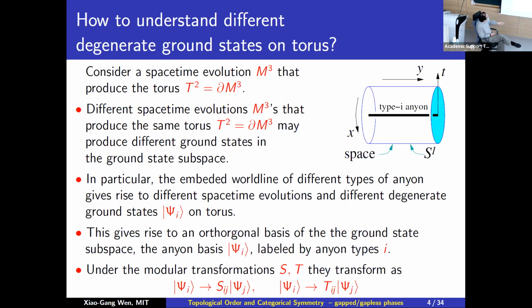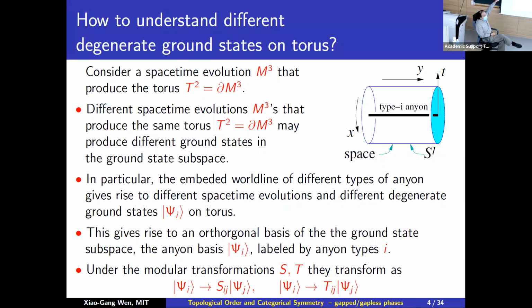So it's natural to think that if you make a transformation in space, doing this modular transformation, the ground state will map. For example, you can see this tunneling of anyons is in the y direction. You can imagine we fill the cylinder differently.